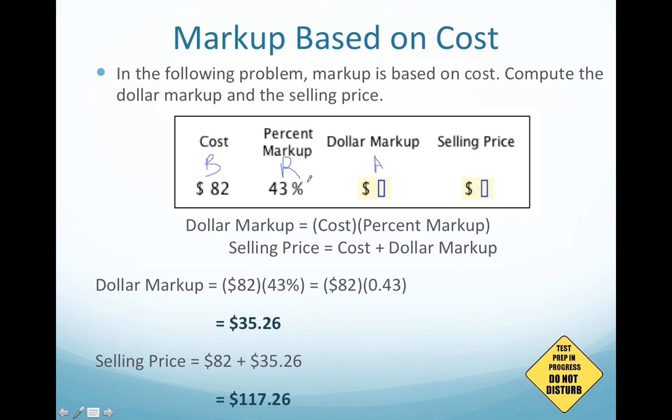And then the rate is going to be named similar to the amount. If the amount is interest, then the rate is interest rate. If the amount is discount, then the rate is discount rate. If the amount is tax, then the rate is tax rate. That's the way it works. When you multiply the base times the rate, it gives you the amount.